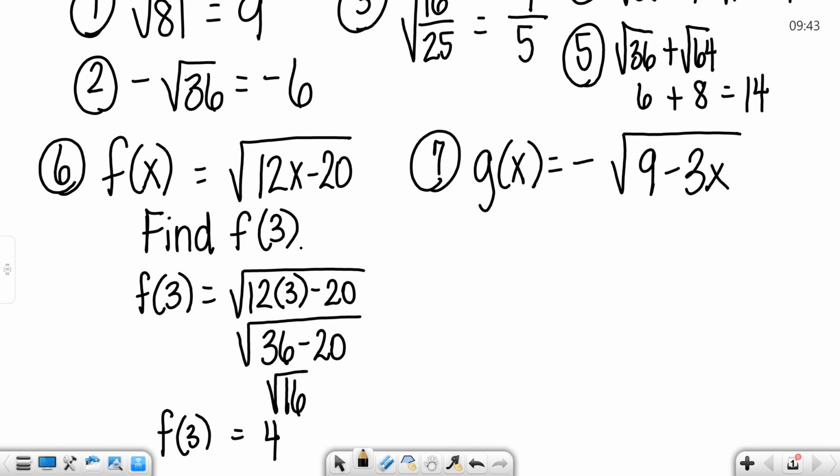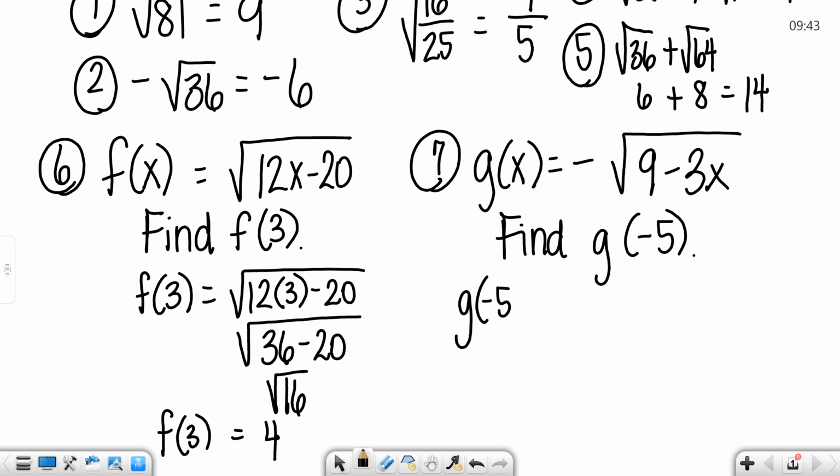G of x is equal to negative the square root of 9 minus 3x. And I want us to find the value of our function when x is negative 5. So we take our function, and where there is an x, we put negative 5.